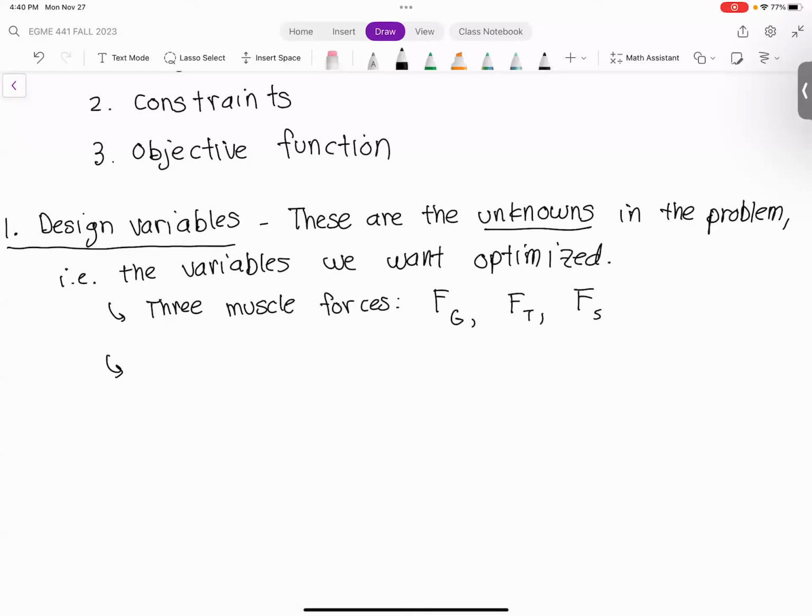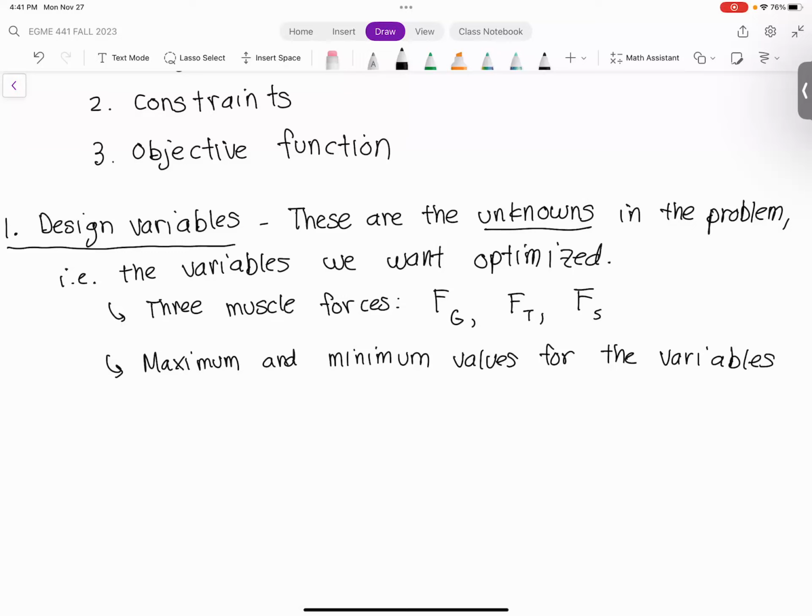Another thing that's usually defined at this stage is the maximum and minimum allowable values for these muscle forces. We already know the maximums, that was given to us in the problem.